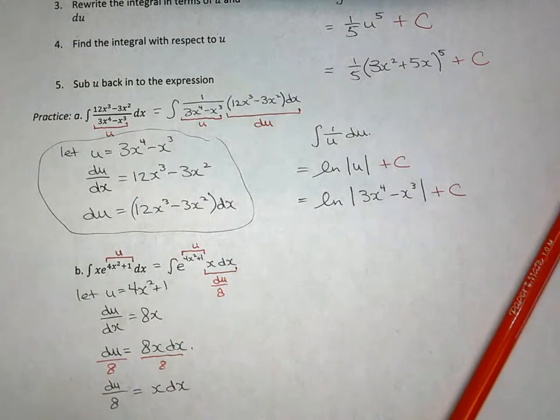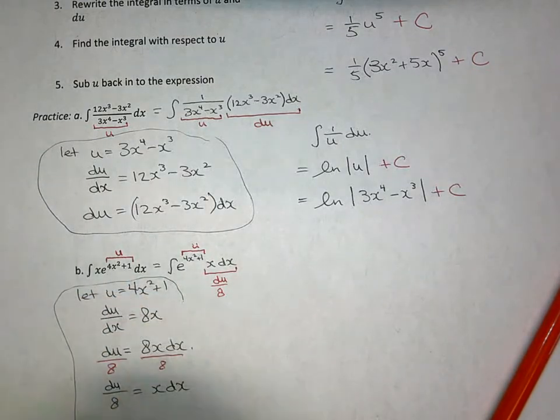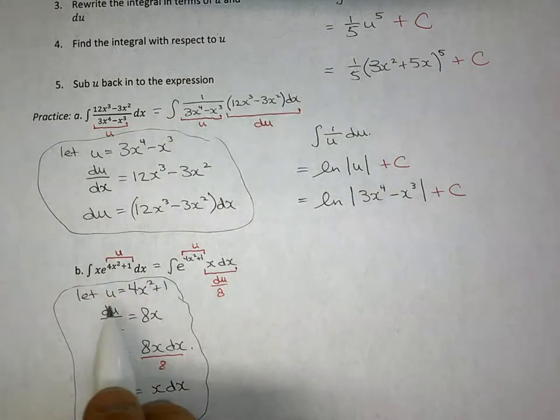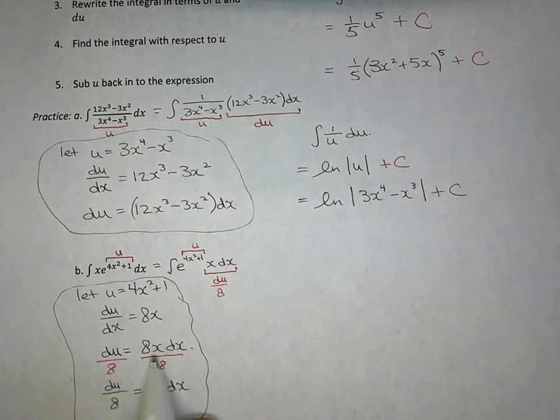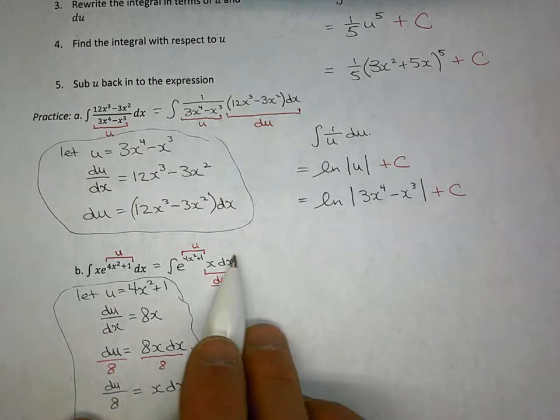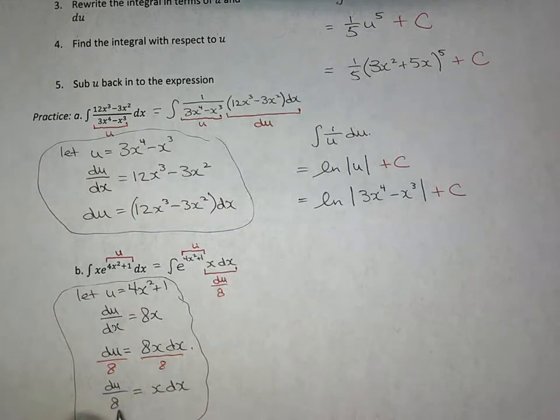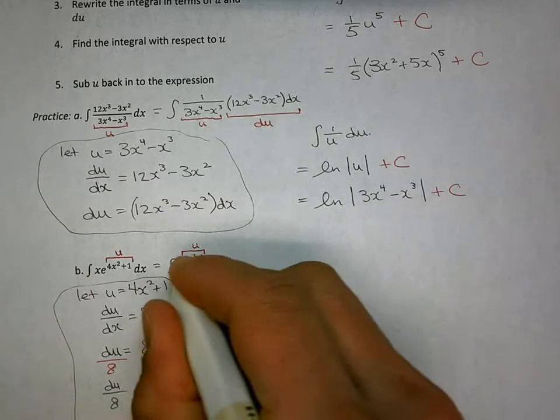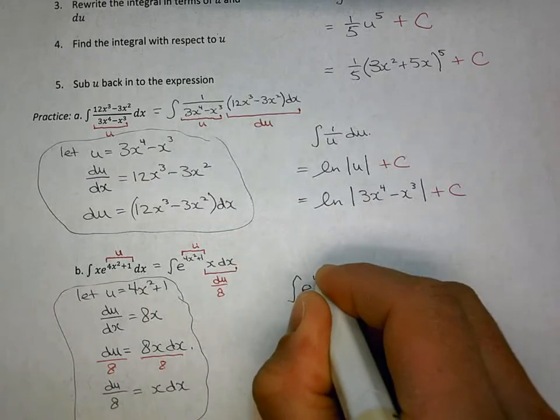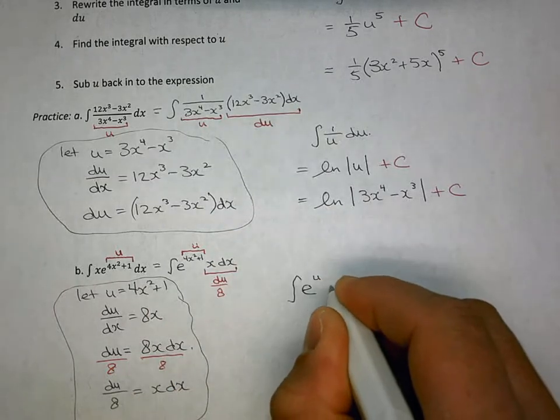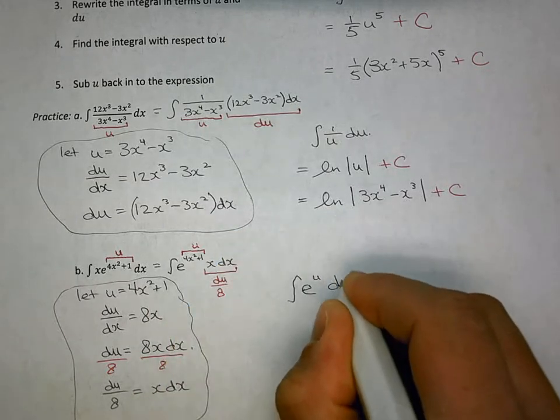So there was an extra coefficient that I had to look at, but if I just methodically manipulate this with a few coefficients, I can make it so that I have a direct substitution. So now let me rewrite. I have the integral of e to the power of u, and then this whole thing is replaced with du over 8.